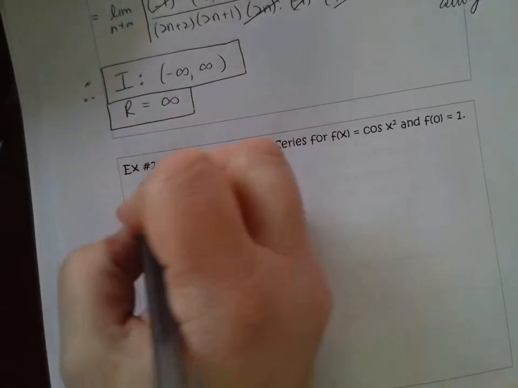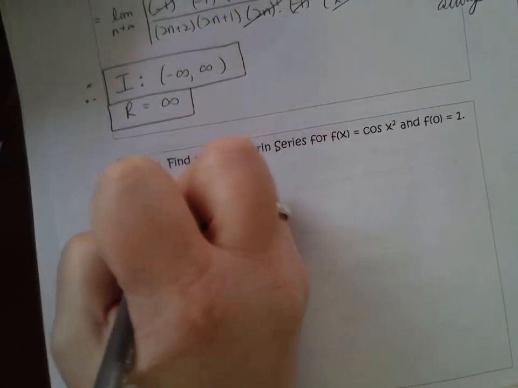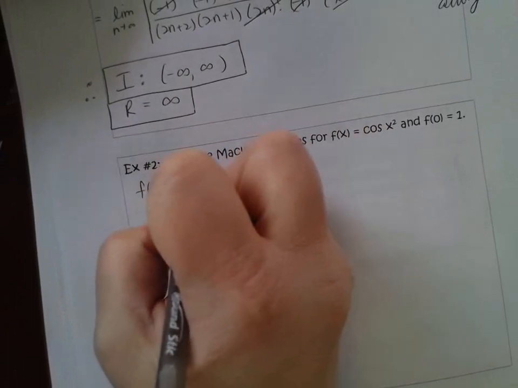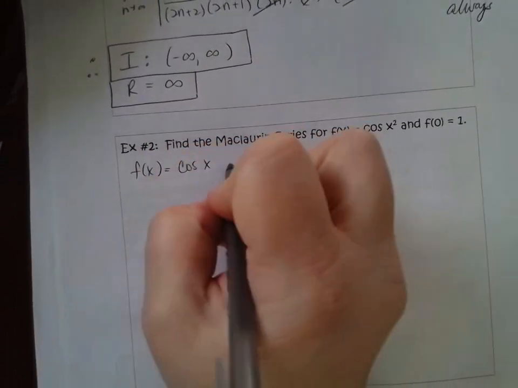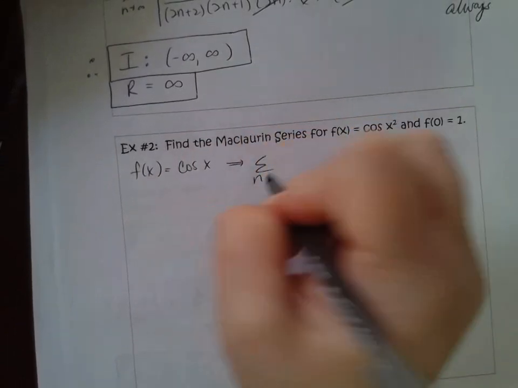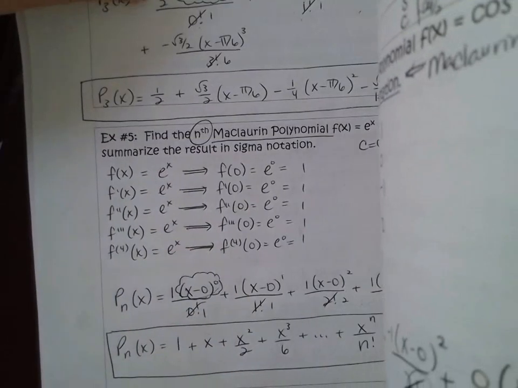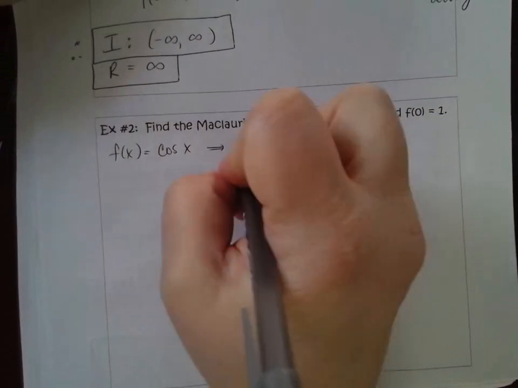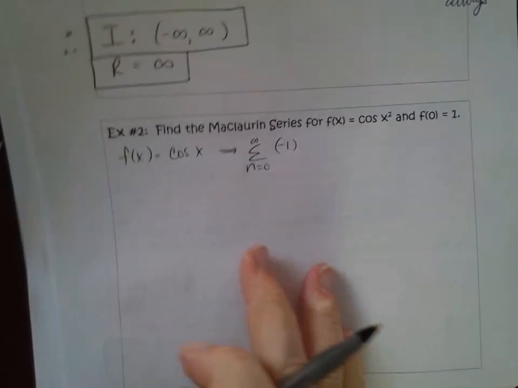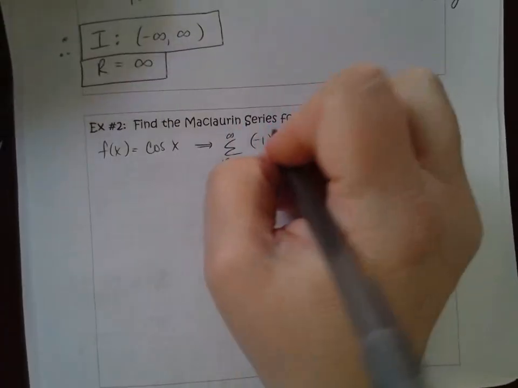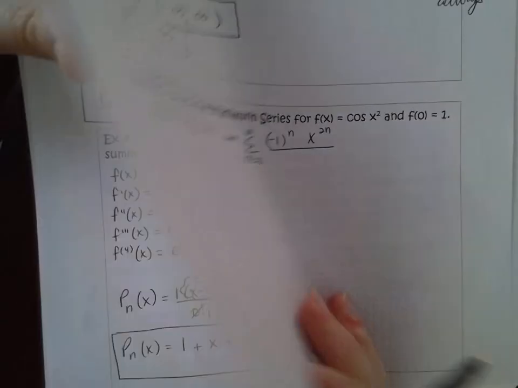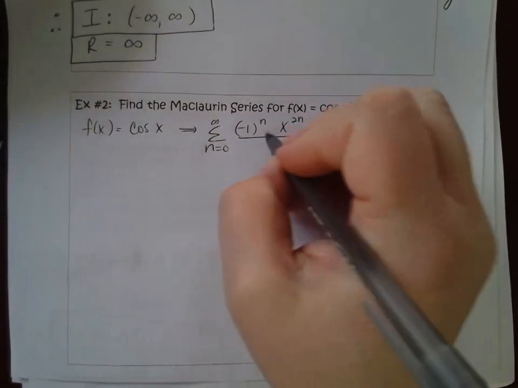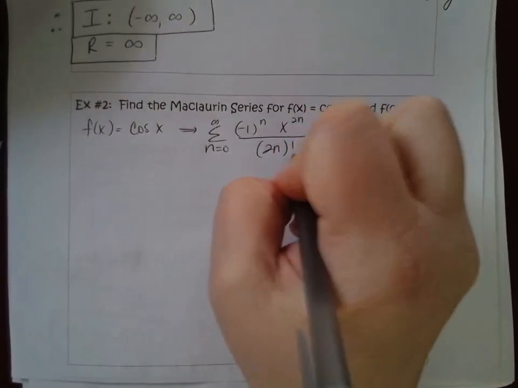This is what we came up with for f of x equals cosine of x. Now this is important, okay? We came up with the sum from 0 to infinity of -1 to the n, x to the 2n, over 2n factorial.